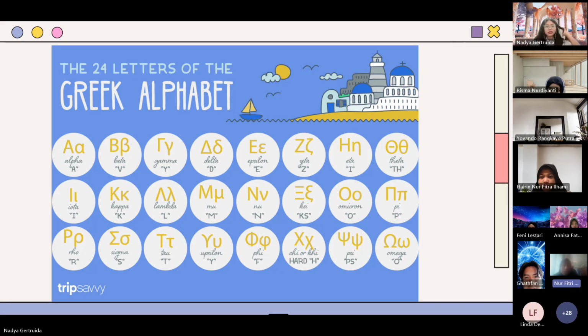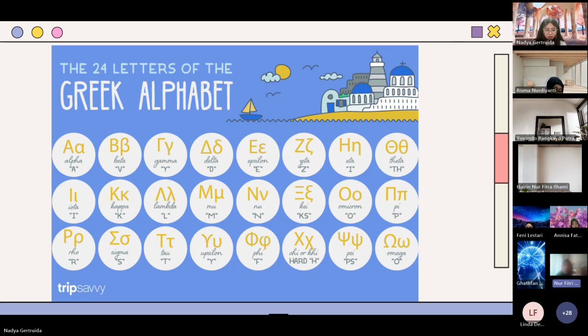And next is iota. Kappa is like K. And continue after kappa is lambda. And the next is mu. And the next is nu. And this is xi.